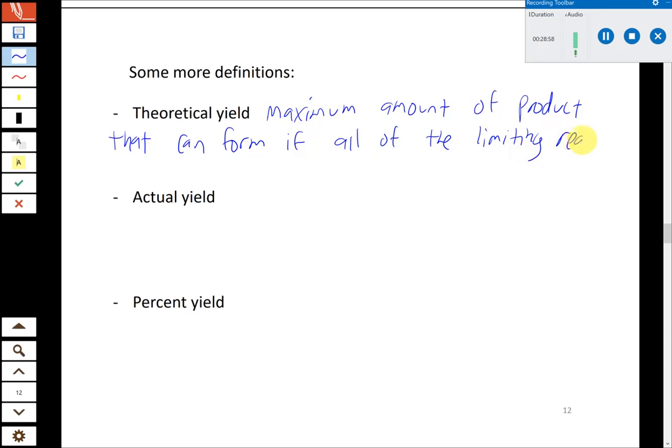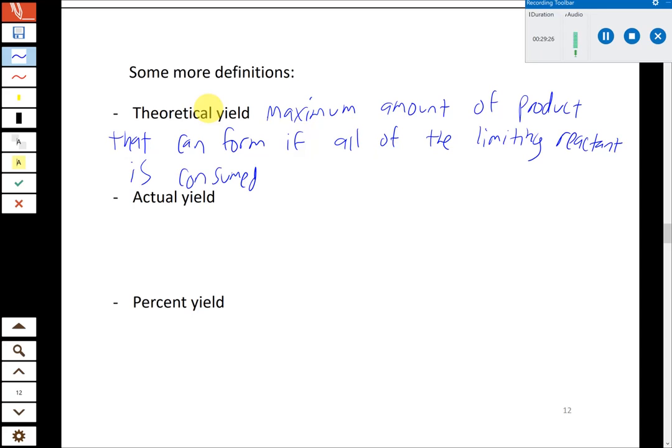Now, another way of understanding this quantity, this actually isn't something new for us, it's just perhaps a new terminology. This is the amount of product that you calculate that could form in the reaction. So the last 2 problems we did, in both cases we calculated how many grams of one of the products can form. That would be the theoretical yield. That's the ideal amount of product that can form if all the limiting reactant is consumed. So whatever you calculate using stoichiometry would be a theoretical yield.